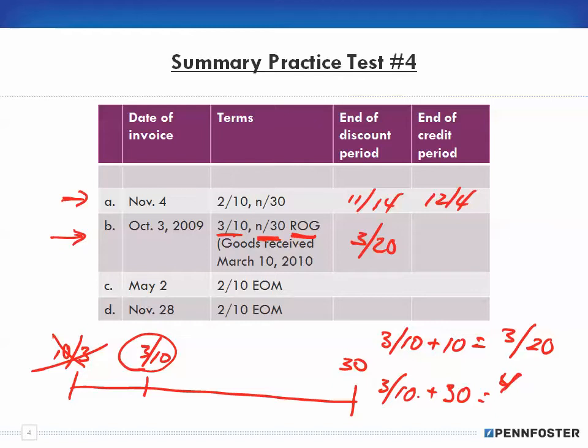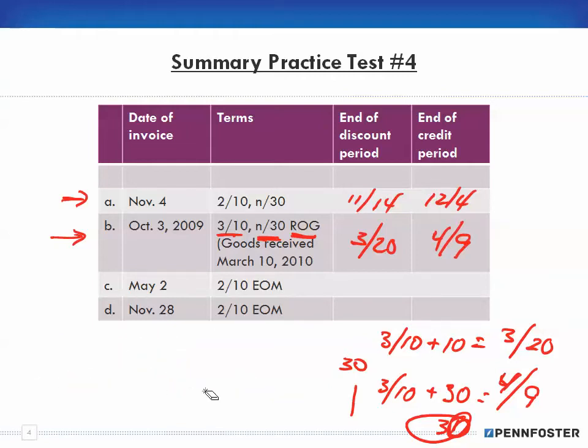So it's not going to be April 10th, it's going to be April 9th, right? Because there's 31 days in March. We don't just automatically go and say April 10th. We have to account for that one more day right there. So that makes it April 9th. Okay.